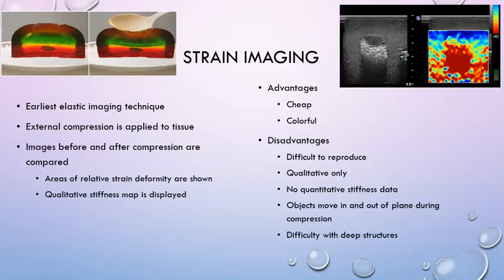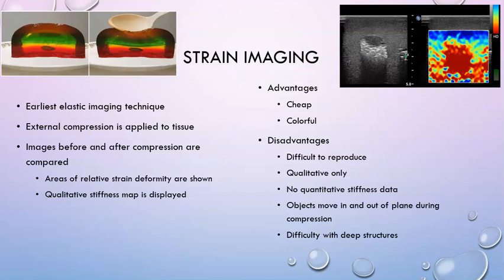Now strain imaging is really good. It was the earliest elastic imaging technique that was developed, and again, by using the probe to push, we're applying external compression, and then we take pictures before and after compression and compare them together, and the areas of relative strain deformity are shown in color.